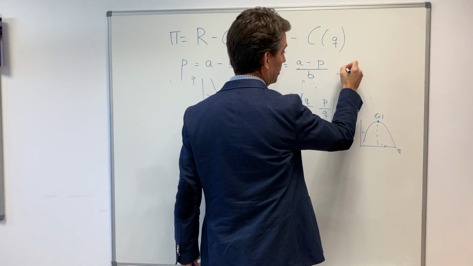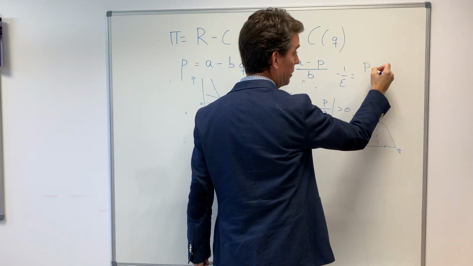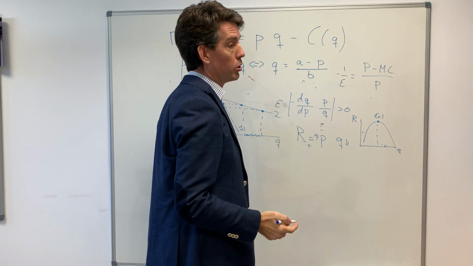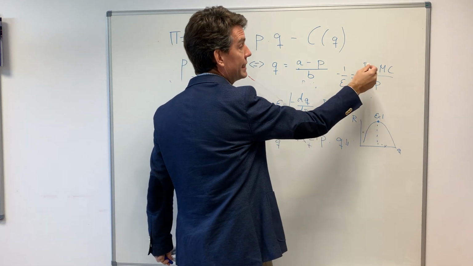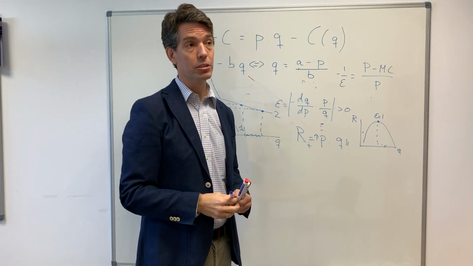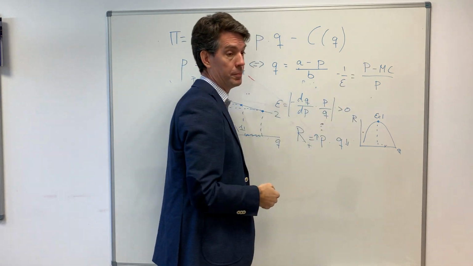Basically, minus 1 divided by the elasticity is going to be equal to the price you're charging minus the marginal cost, as a fraction of the price. So this is telling us that the higher the elasticity, the lower the difference you can make between the price you're charging and the marginal cost. And the other way around, the lower the elasticity, the larger the margin, right?